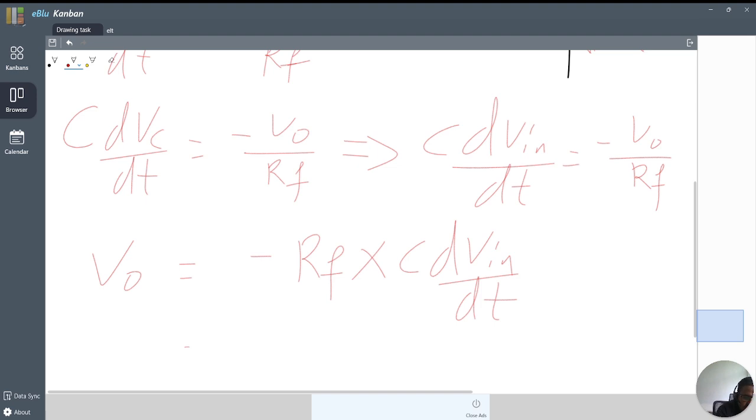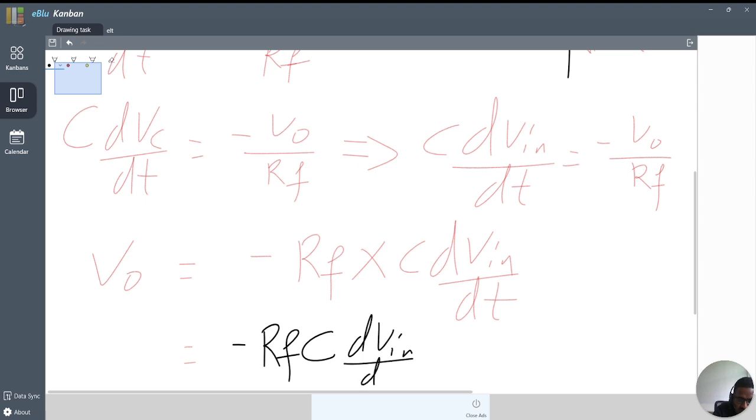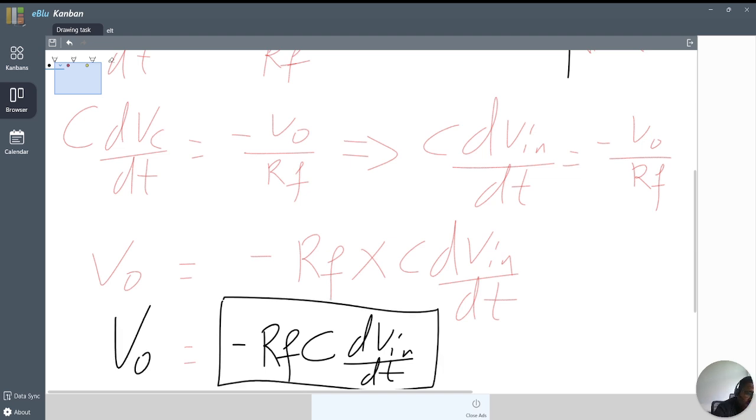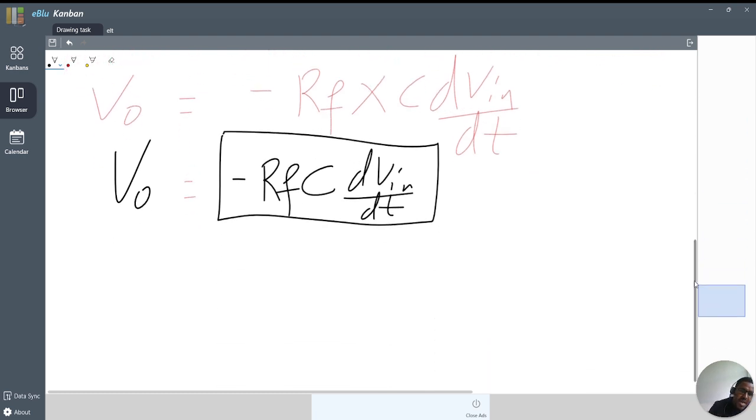So simply, minus RF capacitor of d V in over dt. This is our V out of the differentiator. So the gain of our op-amp depends on the feedback resistor and the capacitor.